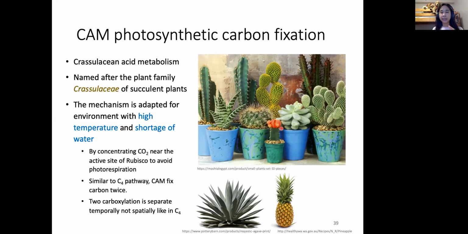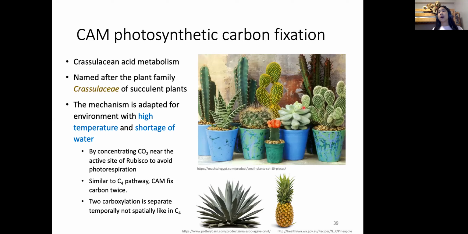So plants in this area tend to close their stomata during the day in order to reduce water loss, because during the day you have higher temperature and the plants will lose more moisture from transpiration.